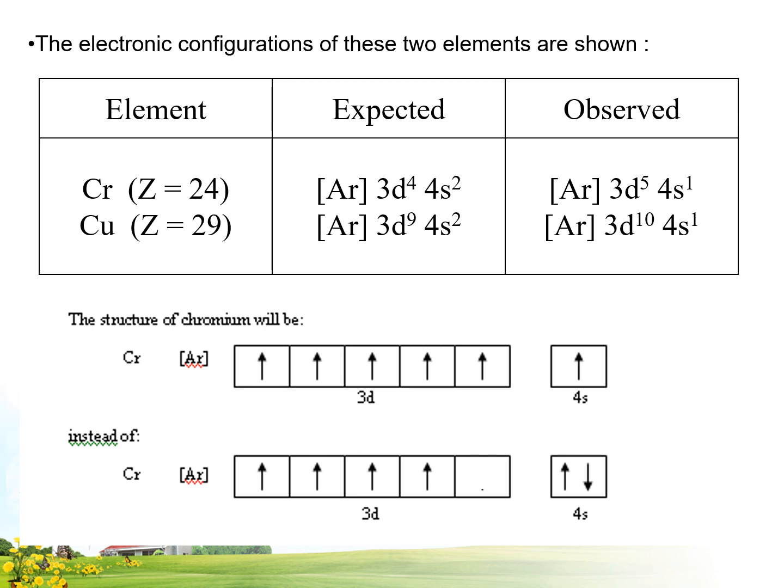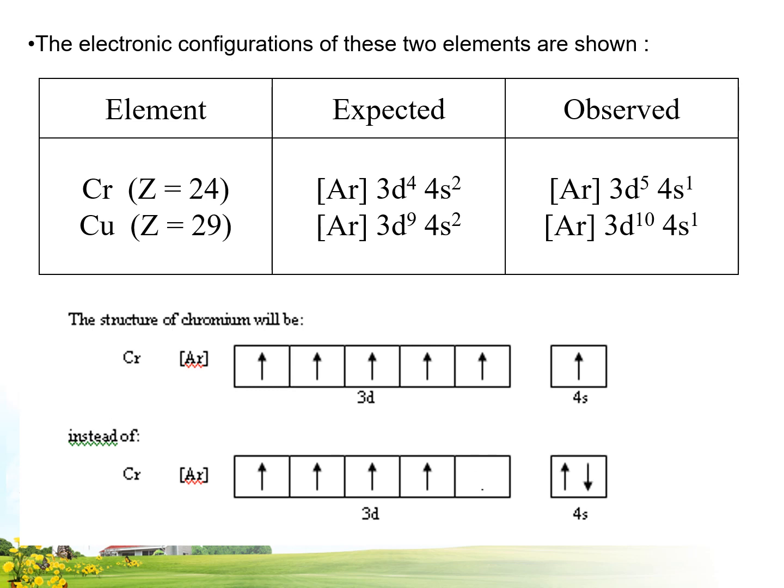And what about copper? Copper has 29 electrons. The electronic configuration is Ar, 3d9, 4s2. So we should expect the electrons to fill in 4s2 first before filling in 3d9. But here, the observed electronic configuration from the experiment states that the electrons fill in the 3d orbitals fully first before filling in the 4s orbital.